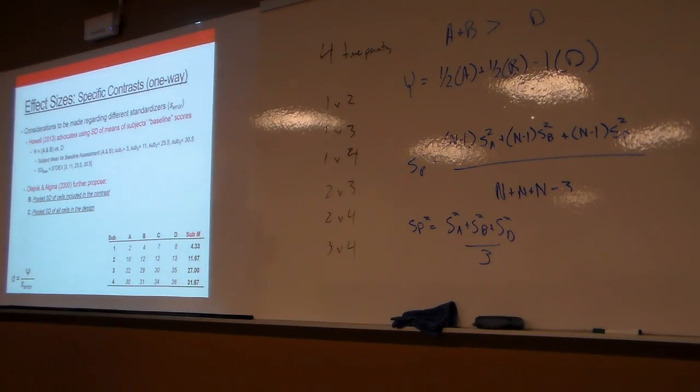So what you want to do is think, okay, I want to compare these two conditions to this condition. What makes the most sense in terms of my standardizer, right? Now, if they're all about the same, it probably doesn't make too much of a difference. But if you've got wide variability, then maybe it does start to make a difference, right? It really depends on what the question is and what's going to make the most sense in terms of interpretability.